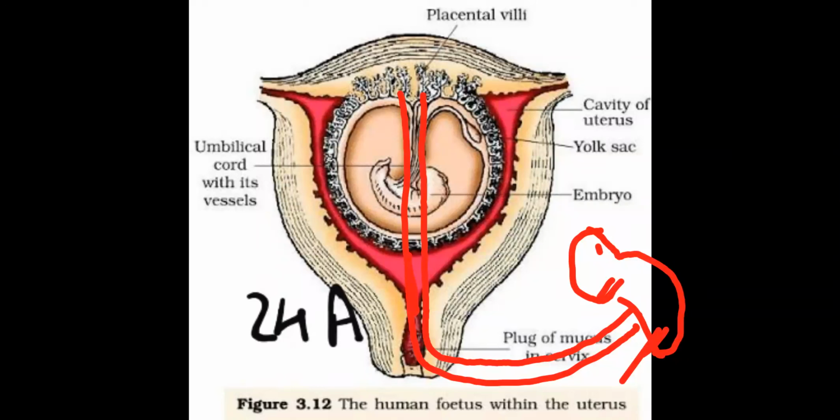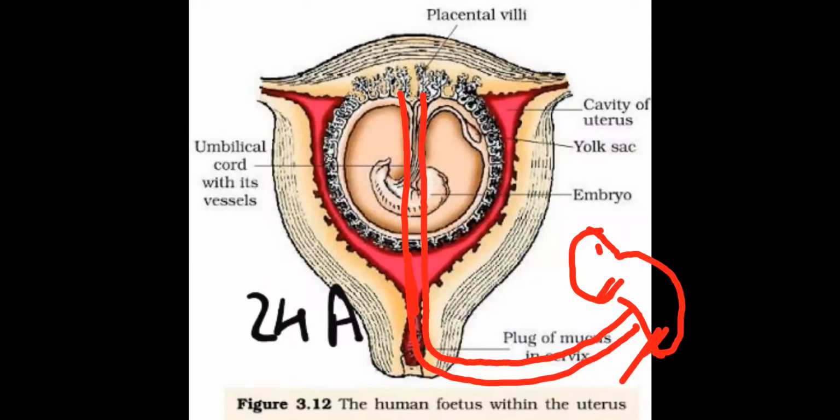Even when it is coming out, till that point, it is still connected with the placenta. Naturally, after the birth, they cut off this connection between baby and mother. So the umbilical cord is cut off, and the baby will start breathing on its own in this world. So that's why we call it the lifeline of the baby.